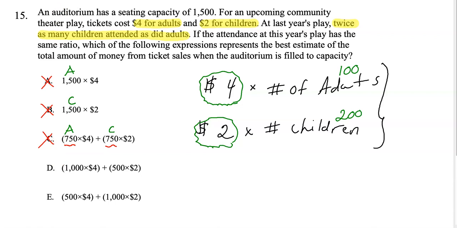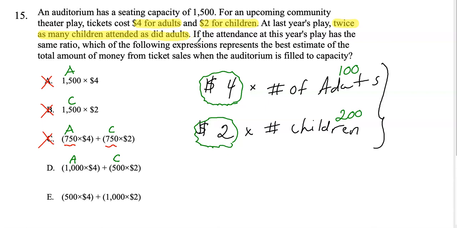Let's look at D. This says 1,000 adults showed up. They each paid $4. And this means that 500 children showed up, and they each paid $2. And again, if you add 1,000 plus 500, you'll get the total capacity of 1,500. So do you think this is the correct answer?